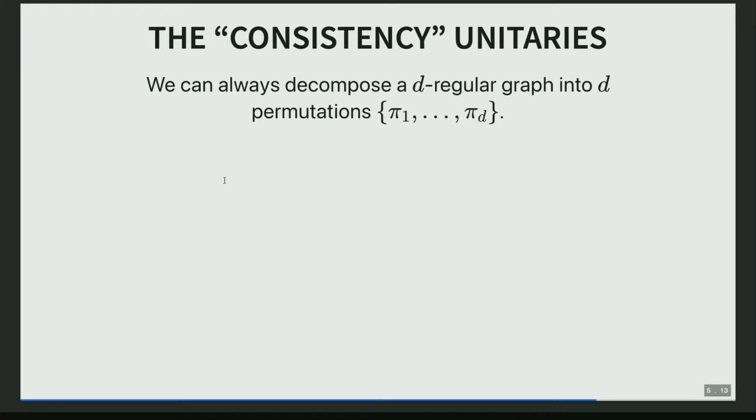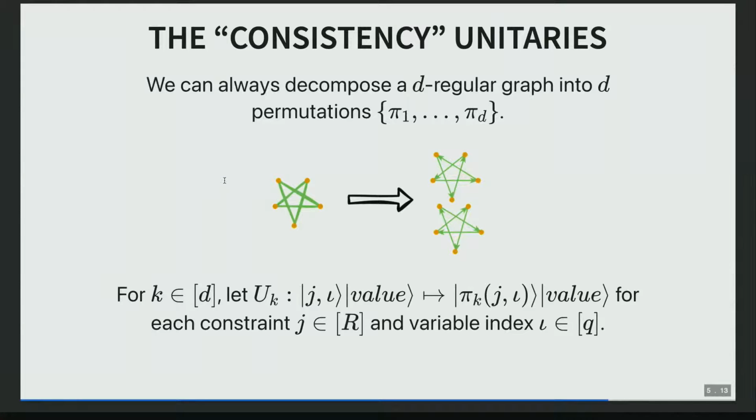We can take a d-regular graph and decompose it into d permutations. So if we had this d-regular graph where d is 2, you can take the half edges and draw 2 different permutations. And what we'll do is set the unitary to be the action of this permutation over that first part, over the j and the index of the constraint, of the variable involved in j.